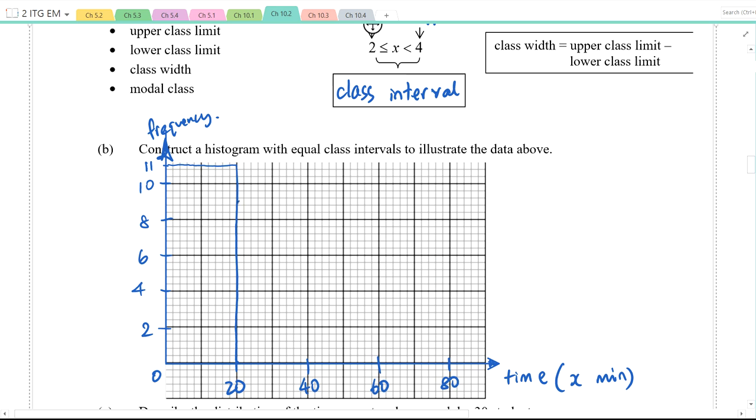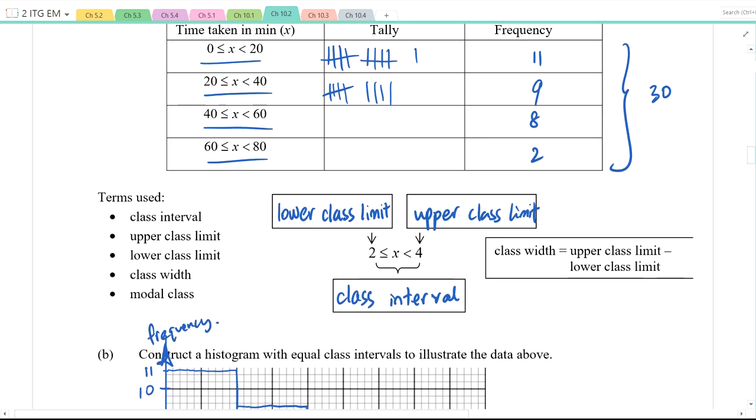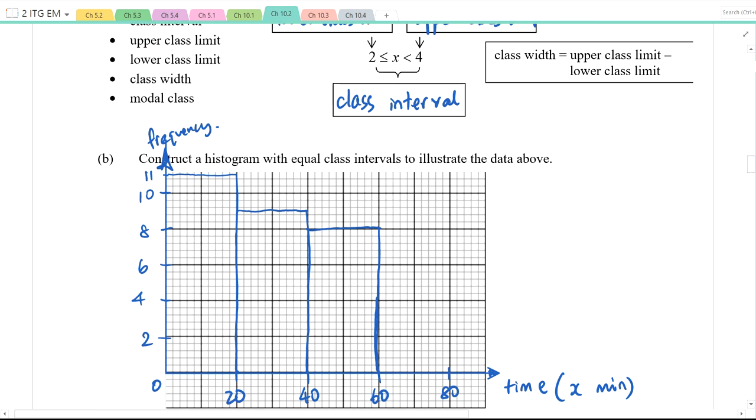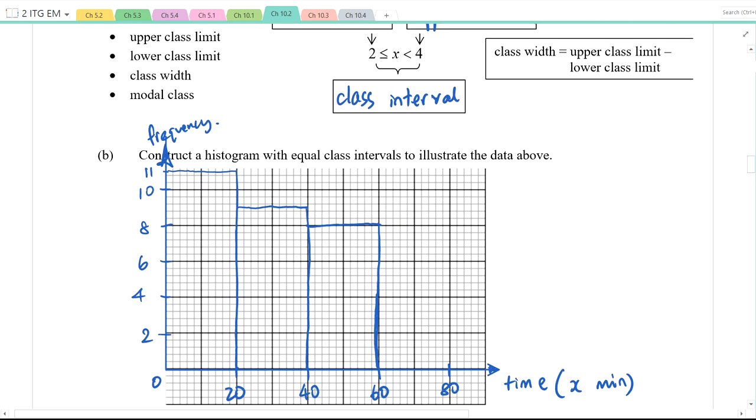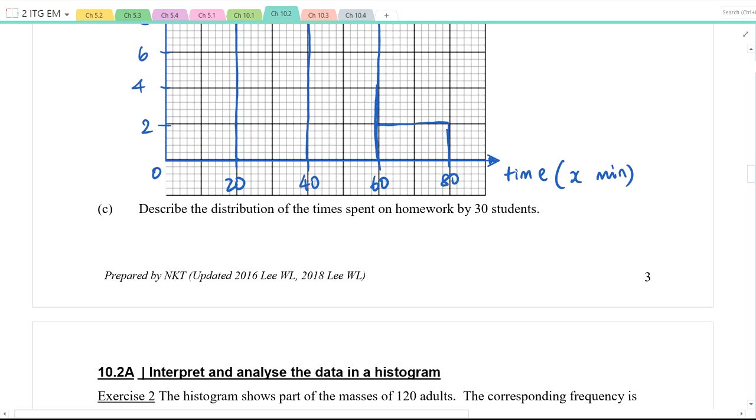So 9 will be here. Third class interval, frequency is 8. And the last class interval, frequency being 2. So now this is our histogram.